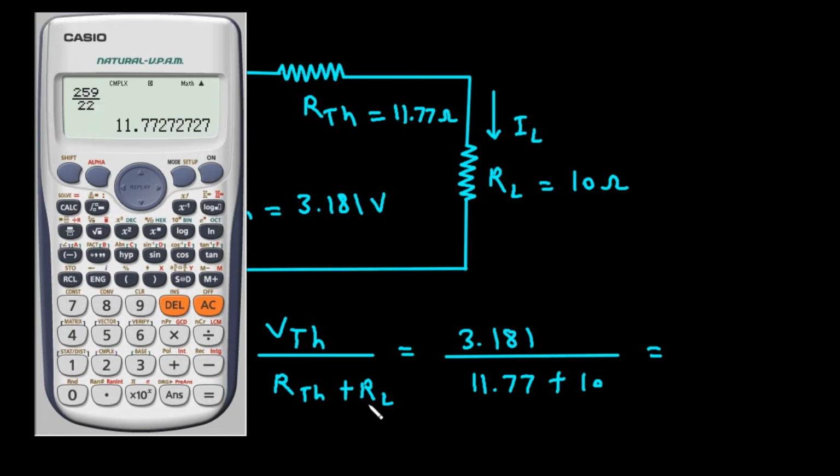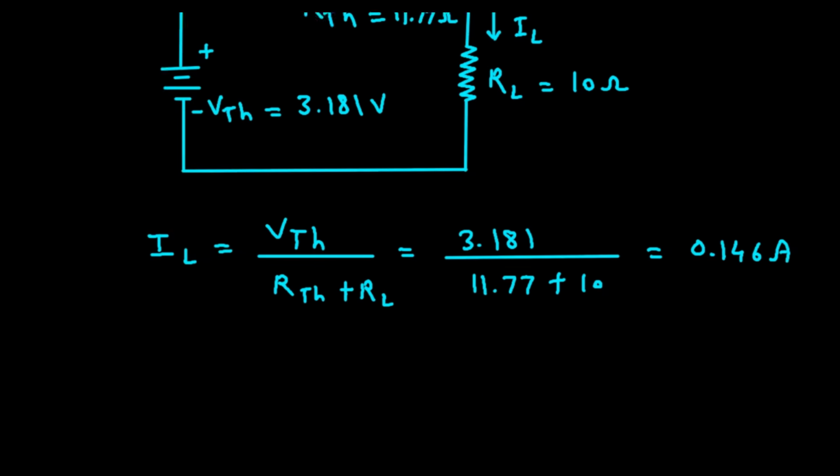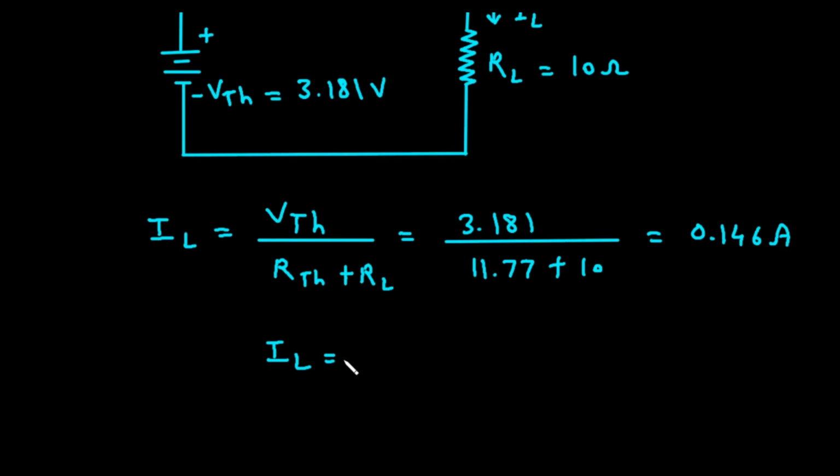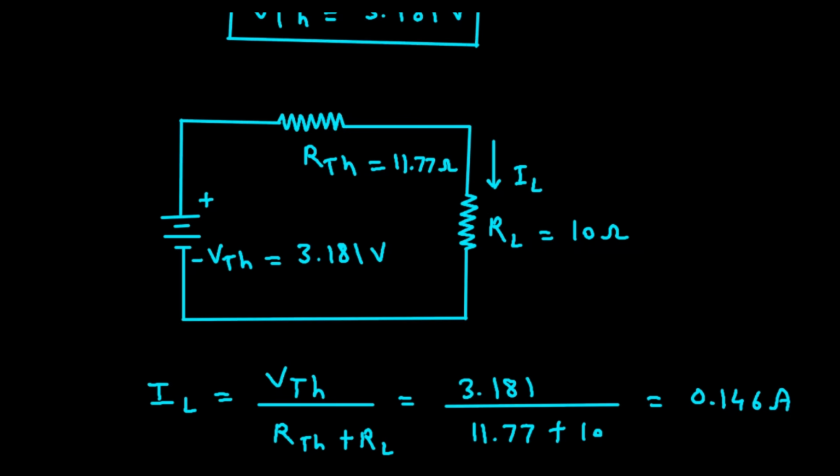If we solve this in the calculator, it will be 3.181 divided by 11.77 plus 10. So it is equal to 0.146. 0.146 ampere is the value of current IL. Now this circuit is known as Thevenin's equivalent circuit.